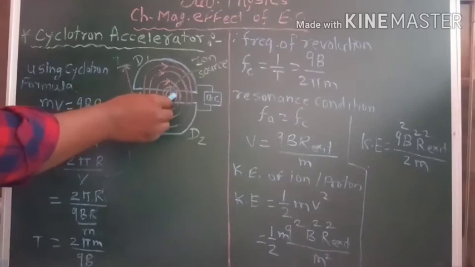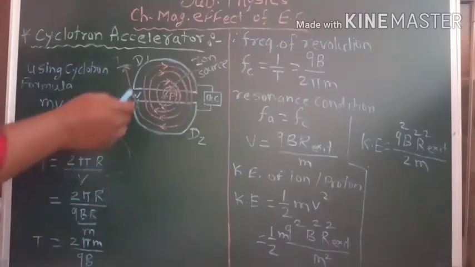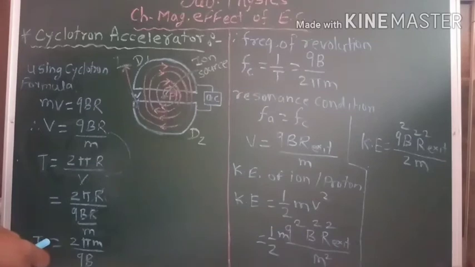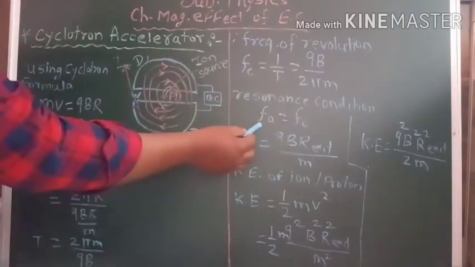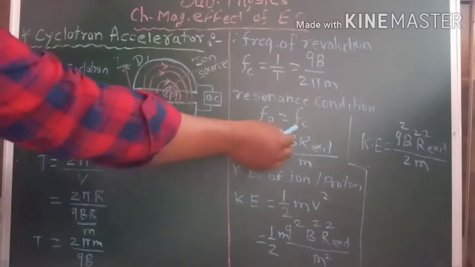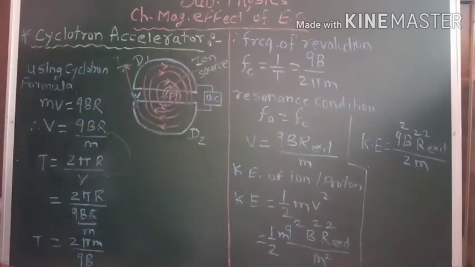When it completes one semicircle and the ion goes to the gap between these two Ds, this condition is also called the resonance condition, where the applied frequency is equal to the cyclotron frequency. Therefore we can write the condition Fa is equal to Fc. Fa is the applied frequency, Fc is the cyclotron frequency. This is called the resonance condition.